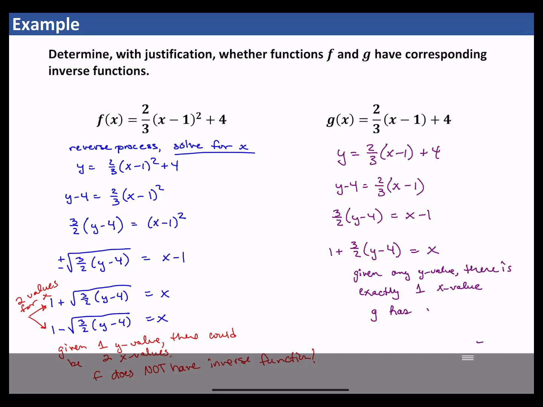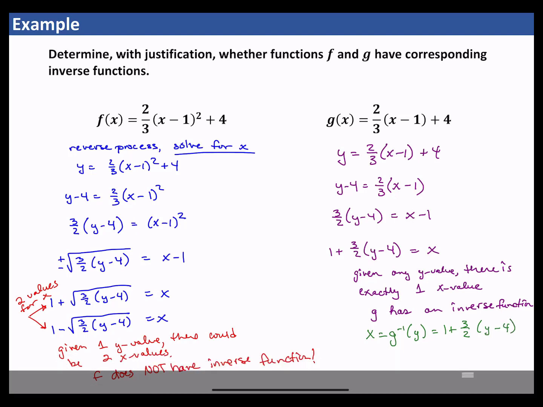Since g has an inverse function, it would make sense to write that x equals g inverse of y, which equals 1 plus 3/2 (y minus 4). So when we write it this way, it might become clearer why we did not switch x and y to start.